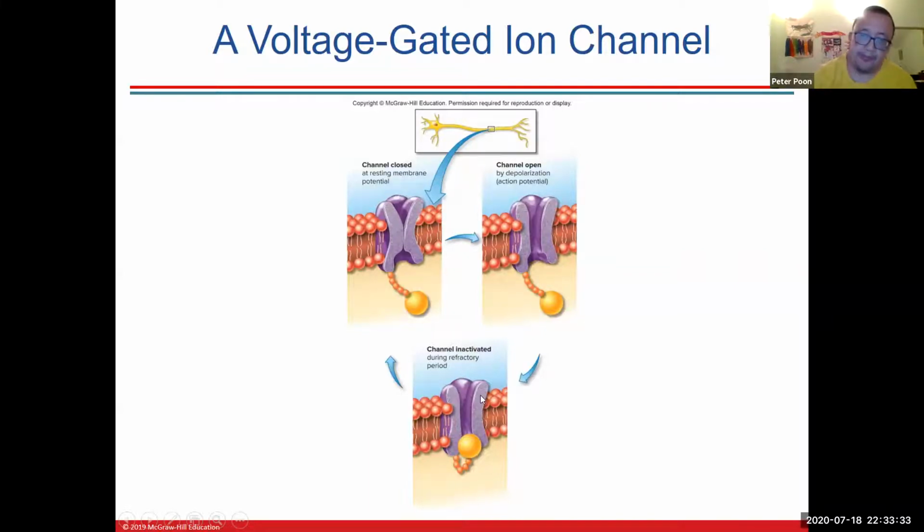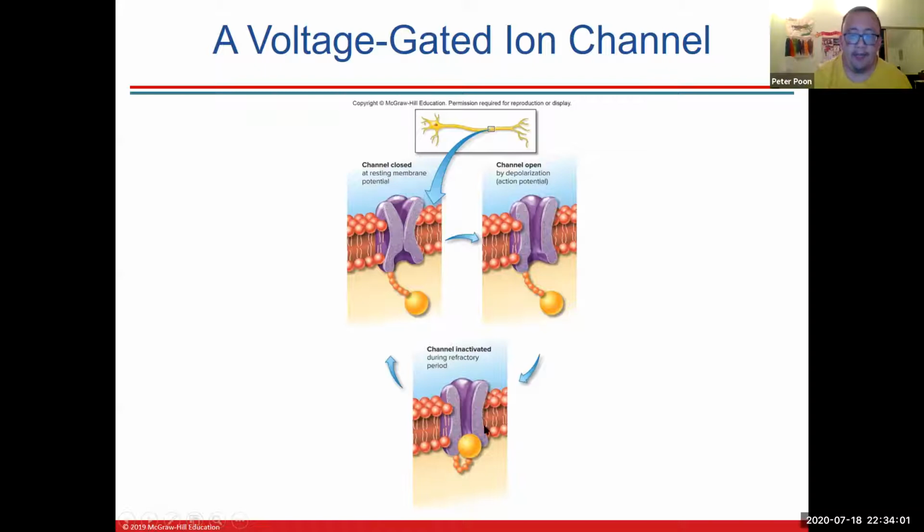That ball, after it opens, will eventually close, and even though the channel's open, it doesn't matter what the voltage is, that ball is stuck there, and it doesn't come off for a while. So while that ball is there, it doesn't matter what the voltage is, that gate is still closed. That period where it's closed is called the refractory period.